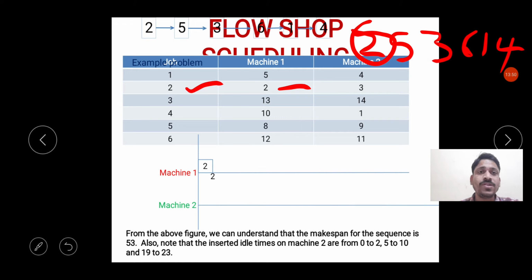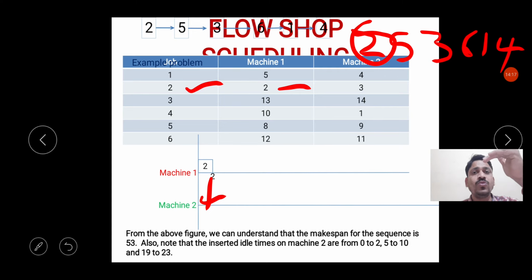So at 2 hours it is finished, and after 2 hours it has to go to the next machine, that is machine 2. After finishing on machine 1 only, it can go to machine 2. Until then it cannot be processed on machine 2, because there was no work for machine 2 to process. So at 2 hours it shifted to machine 2.